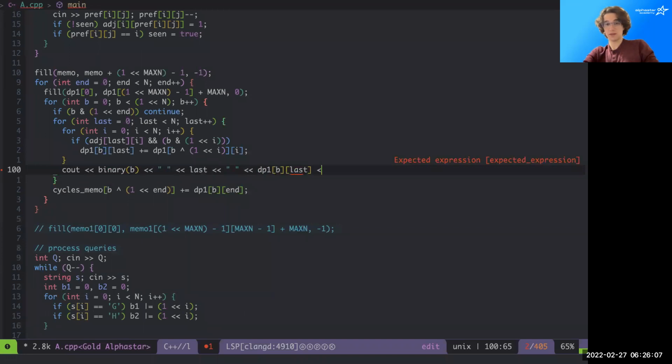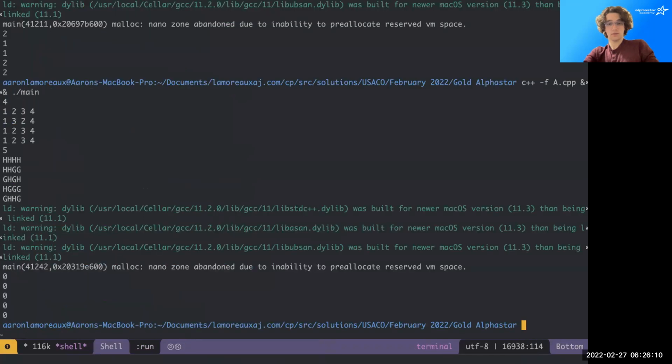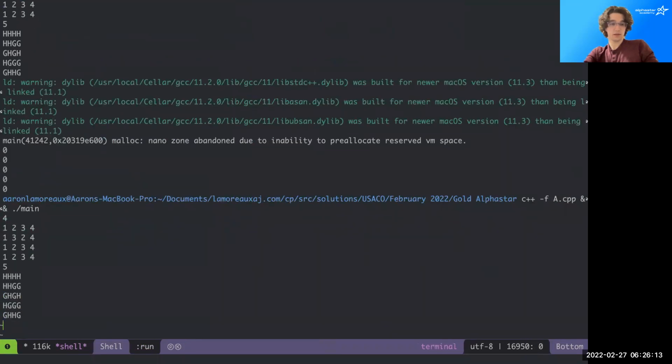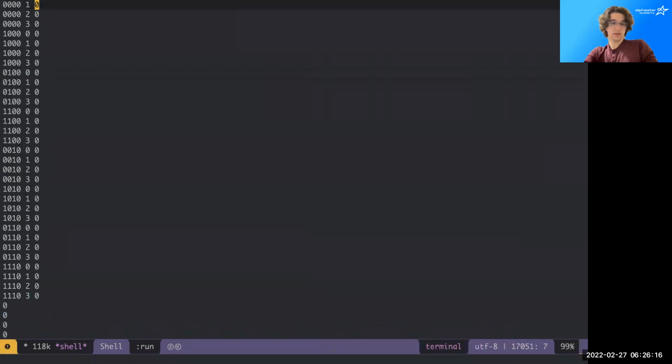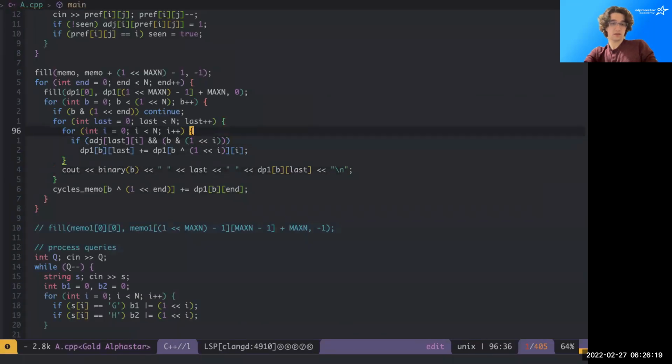Let's add some debugging output and see. Oh, it's 0. Oh, that's not good. So we do process them in a way that we process ones. So why would that? I guess there's no edge case.